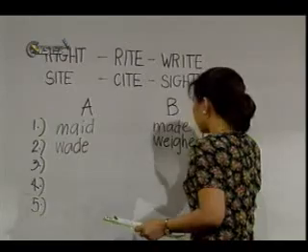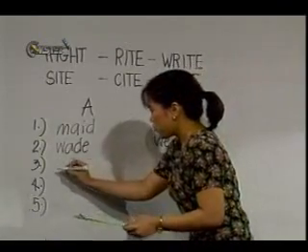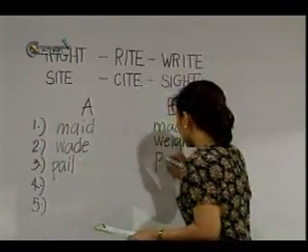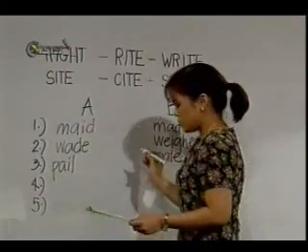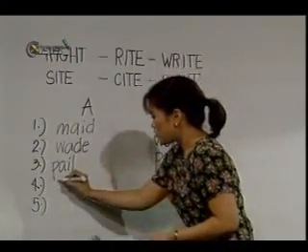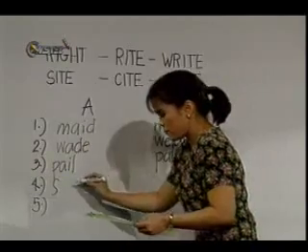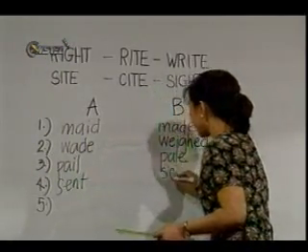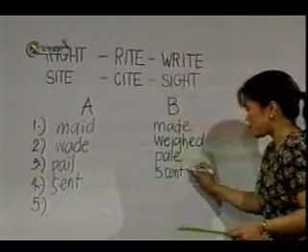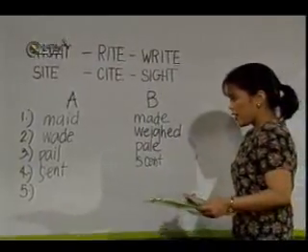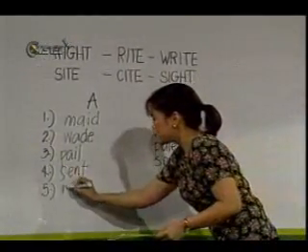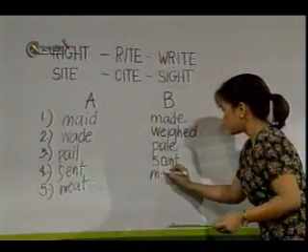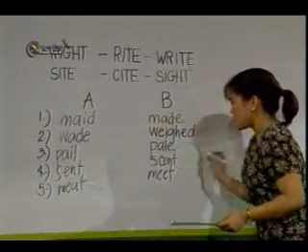Third one is pale. Fourth homonym is scent. And the last one is meat.